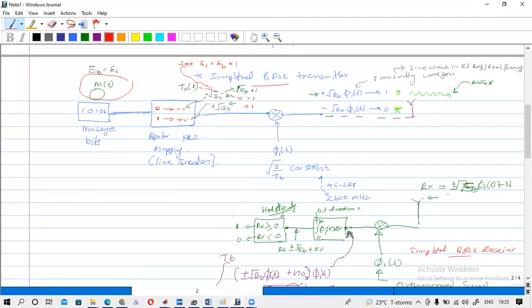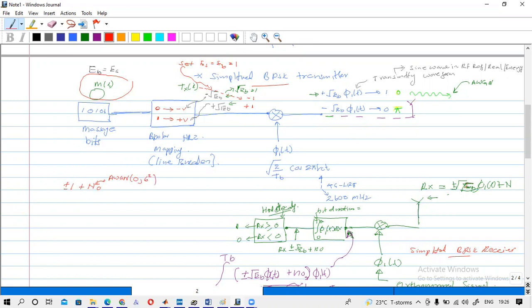We are transmitting either plus or minus 1. When it propagates, some noise component can be added. This is AWGN with zero mean and some power sigma square.